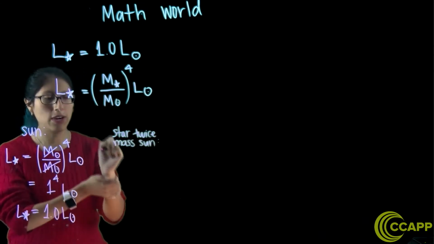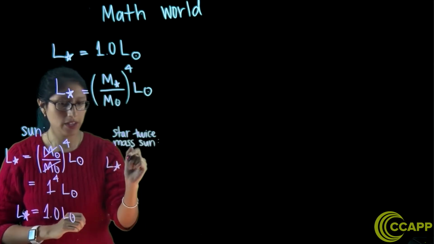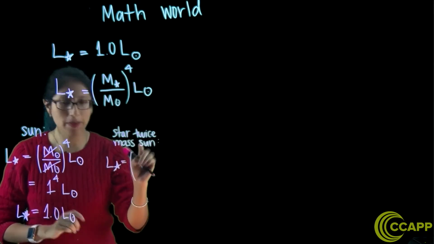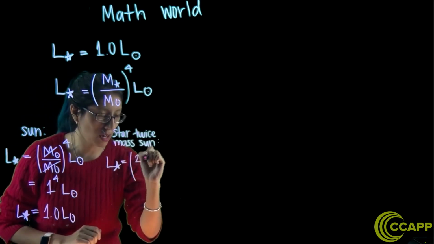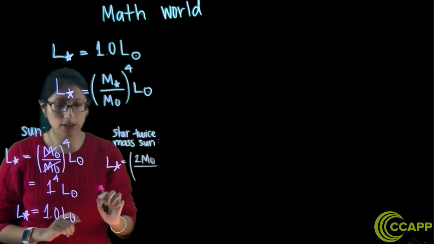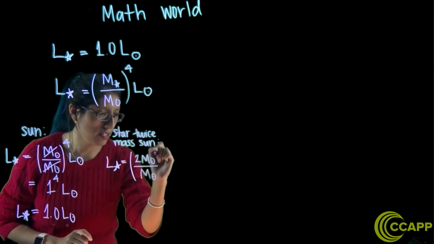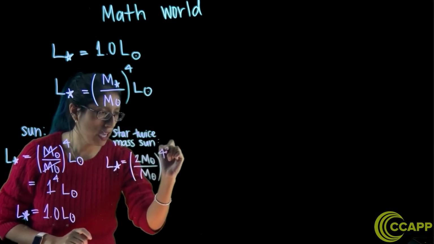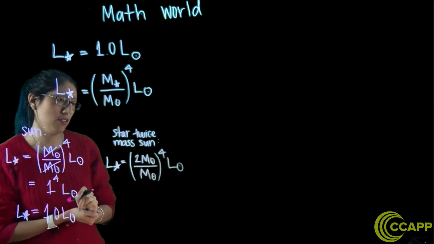I'm going to write this equation down here: the luminosity of this star, where the mass is twice that of the sun. On the numerator I'm going to write twice the mass of the sun, and in the denominator we just have m sun, all to the 4th power. Then, copying that, for it to have a unit, we have the luminosity of the sun.